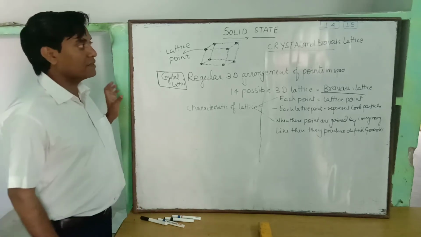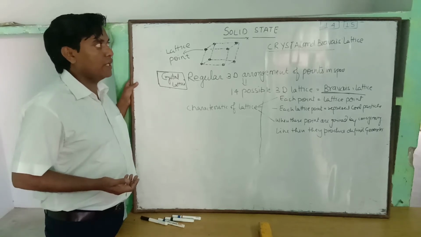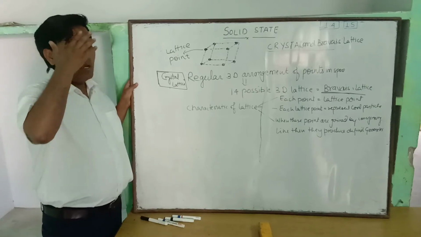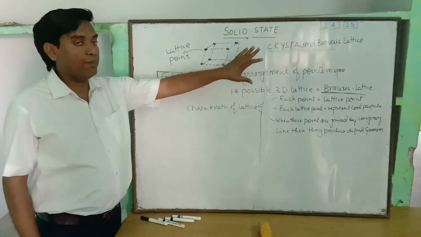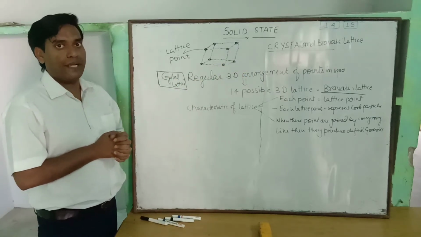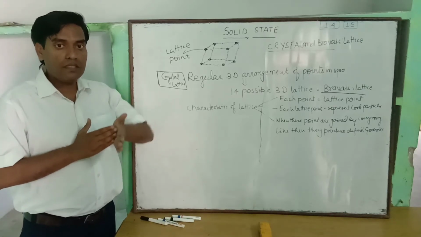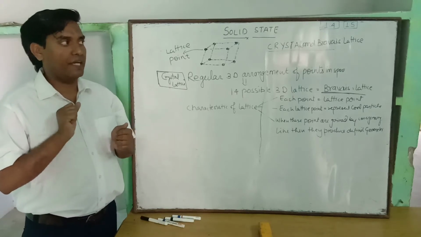Good morning, students. Now I am coming with the second video clip of the chapter Solid State. Now I am going to clear the crystal lattice and Bravais lattice. What are the crystal lattice and the Bravais lattice? Students, you know well that in a crystalline solid all the particles are arranged in a particular manner.